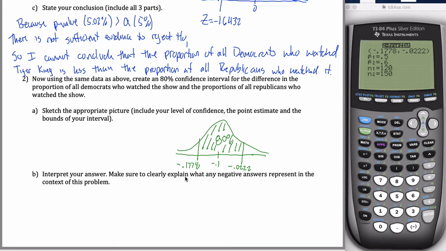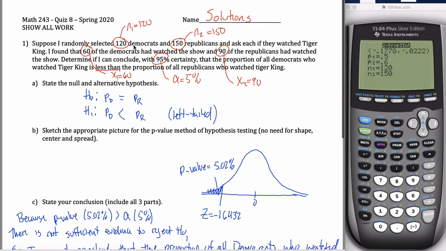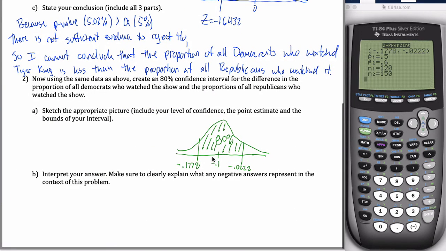Interpret your answer. Make sure you understand what negative numbers mean. Because when I did this, I put my Democrats in as the ones, these numbers are all relative to the Democrats. So what I'm saying is the difference in the proportion of all Democrats who watch this show and all Republicans who watch this show is between 17.78% less for the Democrats and 2.22% less for the Democrats.